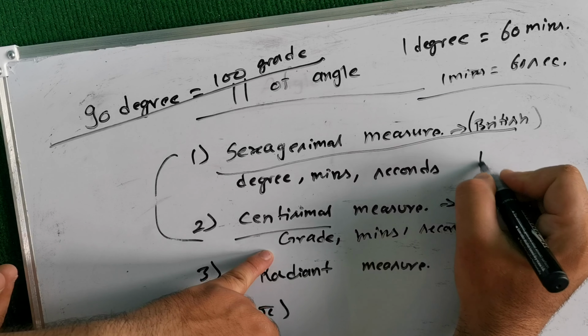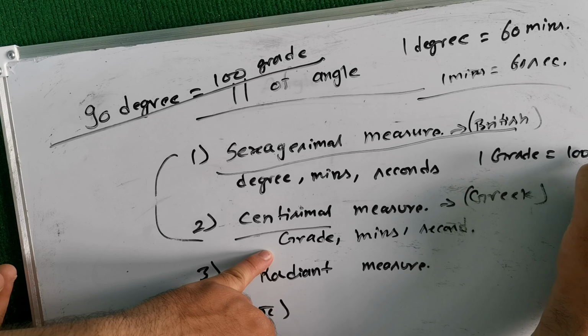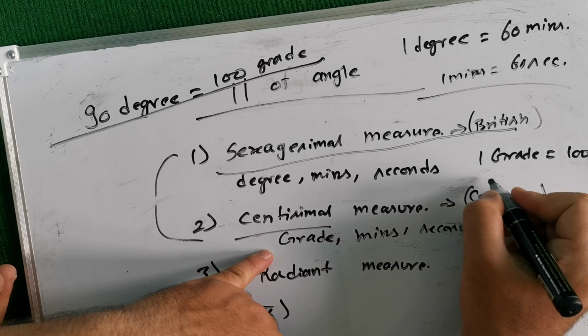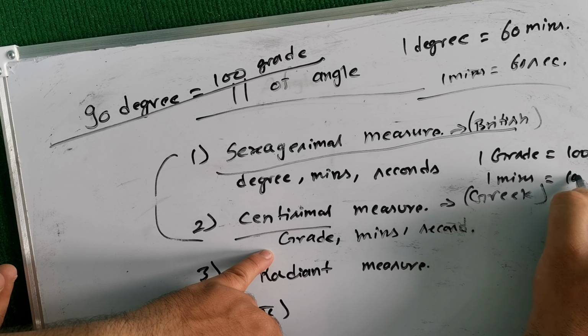Here in centesimal, 1 grade is equal to 100 minutes, and 1 minute is equal to 100 seconds.